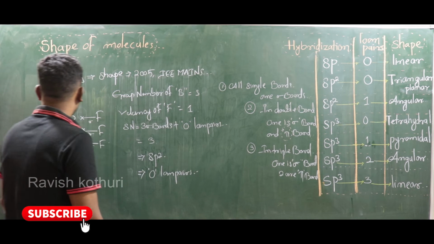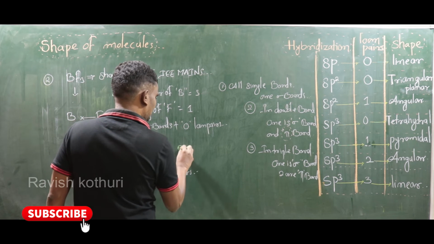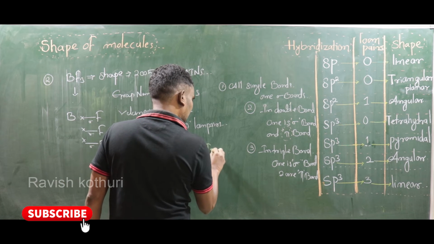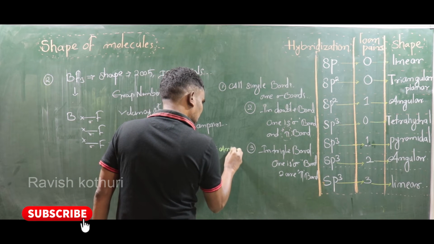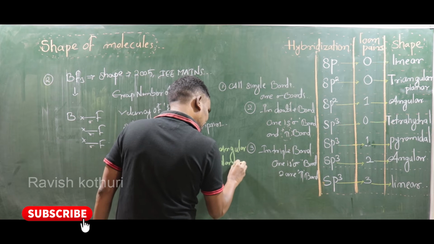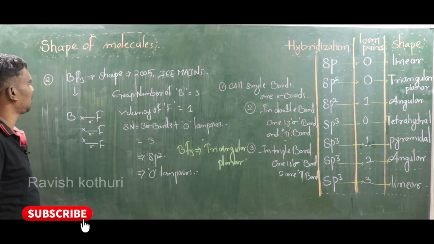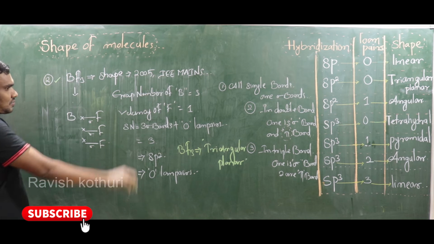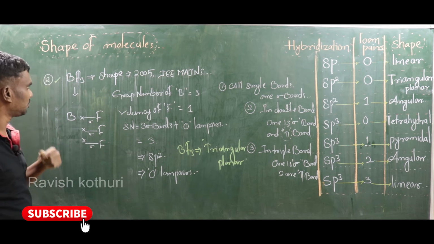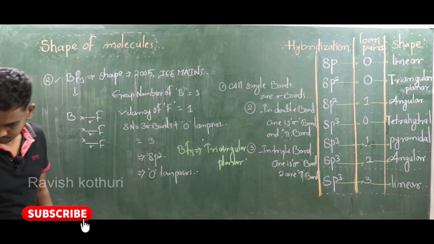That's all. So BF3 shape is triangular planar. This was asked in 2005 JEE mains, my dear students. Please take down this. Next example.